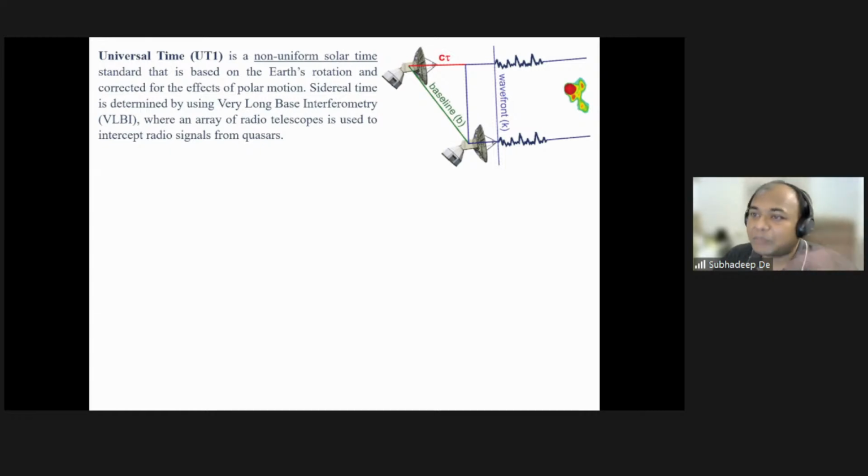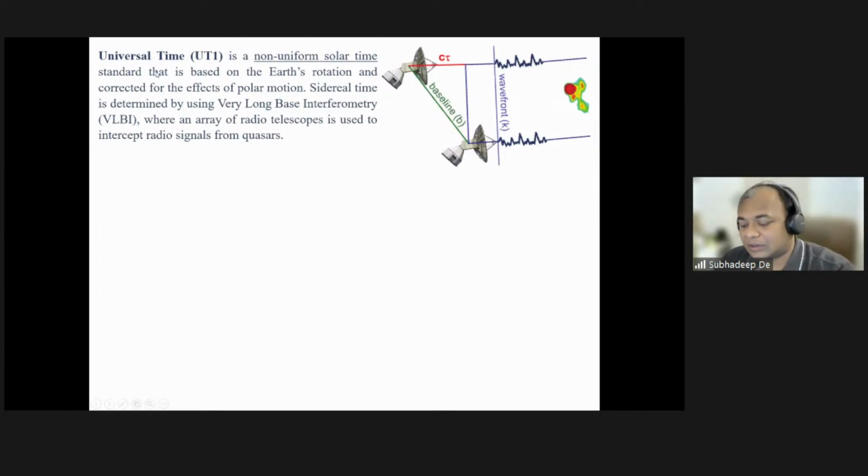So that was an application of the atomic clock or very accurate clock systems. The point I wanted to make is that this is how the slight change of the rotation of the Earth is measured using radio antennas or VLBIs, and the solar time scale is determined by that very accurately.